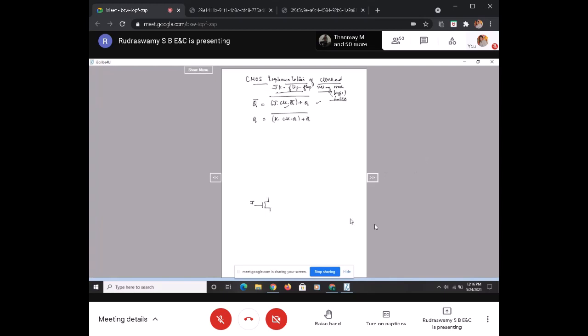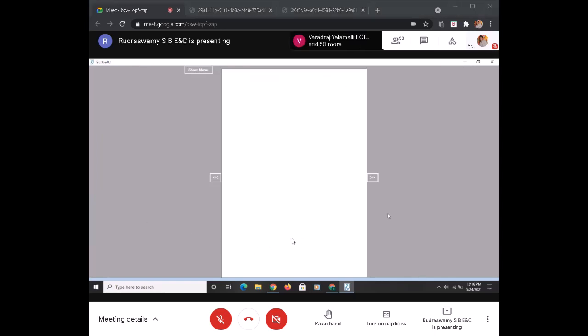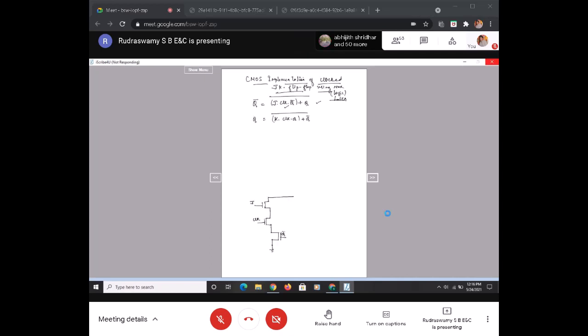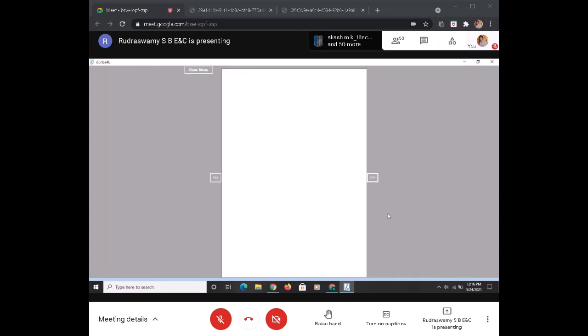Now my simple question is, we saw simple SR latches using NAND and NOR. We saw clocked SR latches using NAND and NOR. Then we saw today the clocked JK latches using NAND and NOR logic.